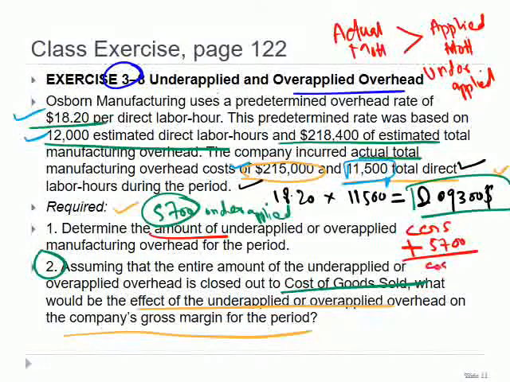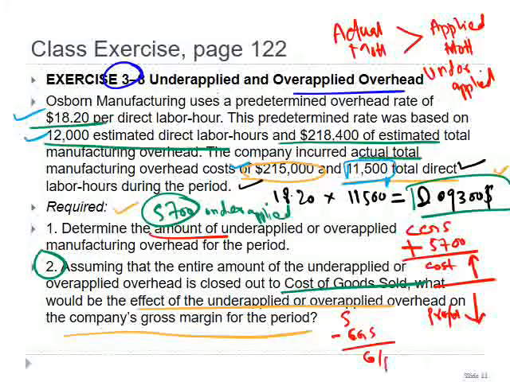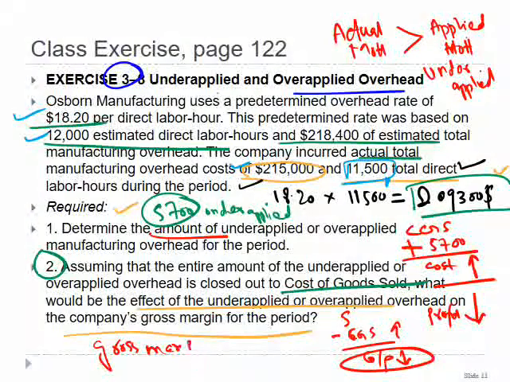It means the cost will be increased. When cost is increased, the profit would be decreased. In the income statement format, sales minus cost of goods sold is equal to gross profit. When cost is increased, gross profit will be decreased. So the end result would be that the gross margin would be decreased.